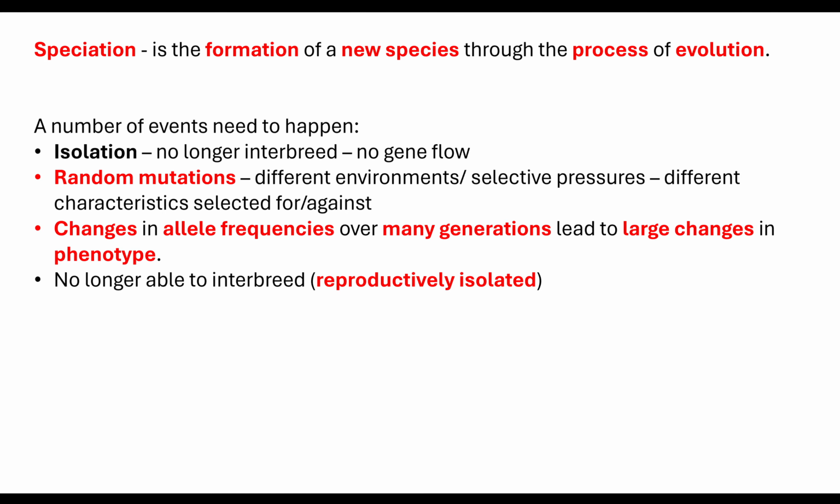So it's important to note that whether we're talking about allopatric speciation or sympatric speciation has to do with whether they are geographically isolated or isolated within the same habitat. However, as the formation of the new species arises, we end up with reproductive isolation at the end.